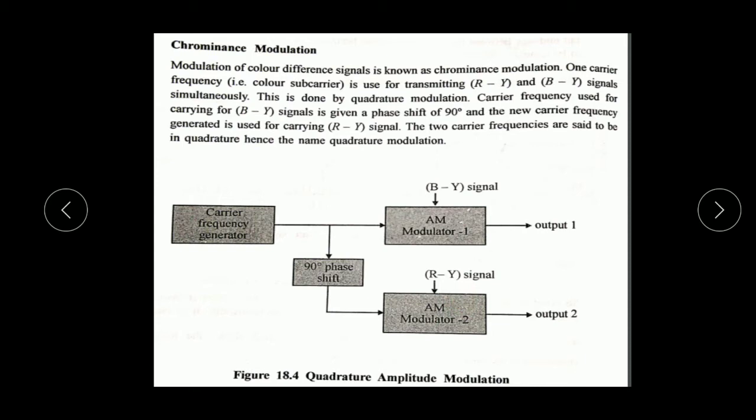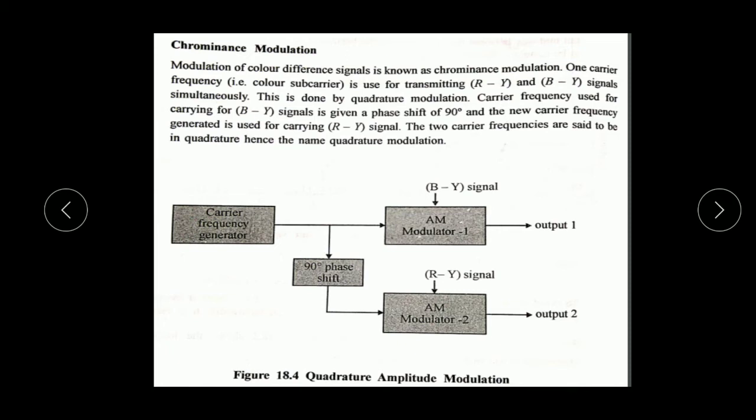Modulation of color difference signals is known as chrominance modulation. One carrier frequency, the color subcarrier, is used for transmitting the R minus Y and B minus Y signals simultaneously. This is done by quadrature modulation. The carrier used for the B minus Y signal is given a phase shift of 90 degrees, and the new carrier generated is used for carrying the R minus Y signal.